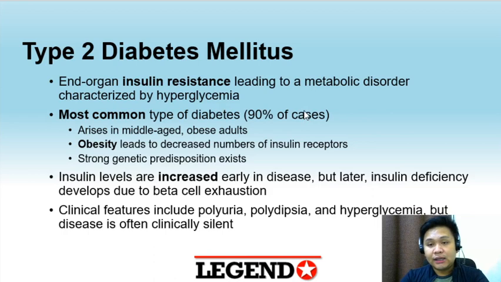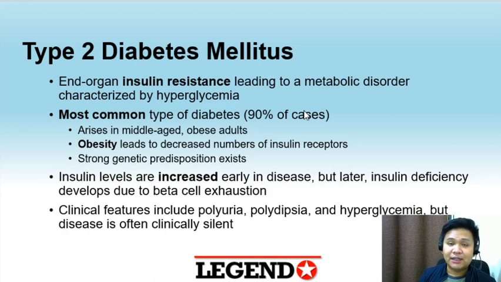Insulin levels are increased early in disease. This is because of the defective receptors. So what the pancreas does is that it produces more insulin to compensate for the defective receptors. But later on, the insulin resistance becomes more of insulin deficiency because of beta cell exhaustion.